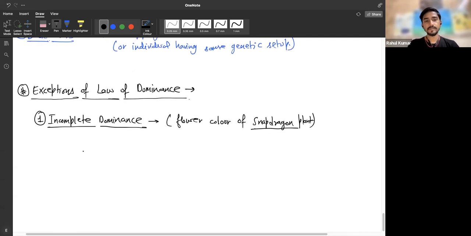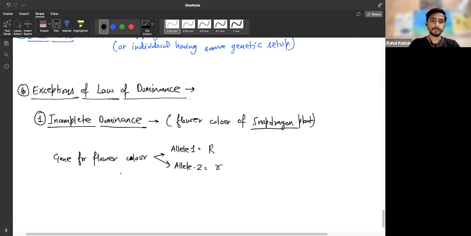In this, the flower has two alleles. So there is a gene for flower color, let's say, having two alleles. Allele 1 is, let's say, capital R, and this allele is responsible for red color, which is dominant, and allele 2 is small r.